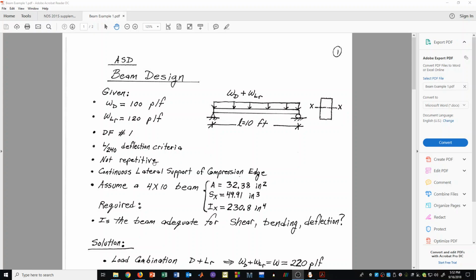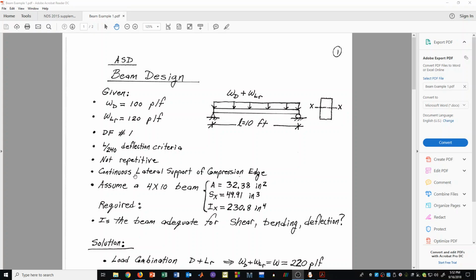We also state here that in this particular case, we are assuming that this beam is not a repetitive member. In other words, there are not multiple beams like this that are spaced at 2 feet or less, and so we don't get to use the repetitive use member in this particular problem.